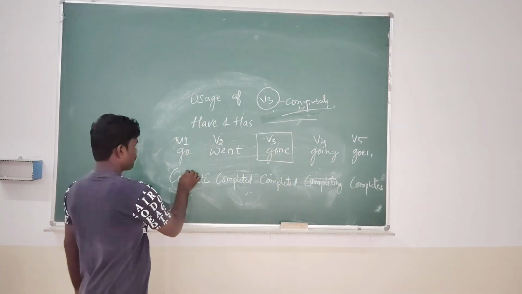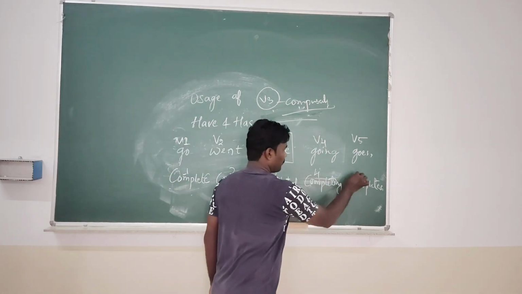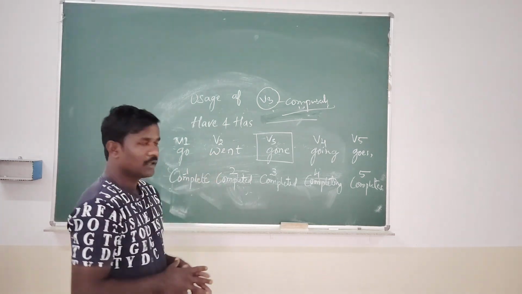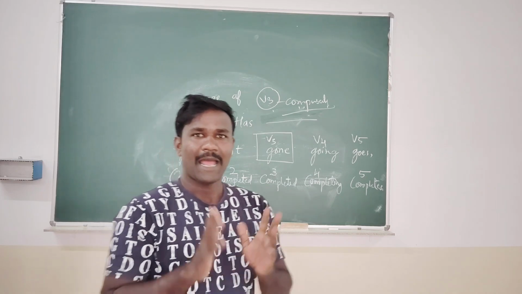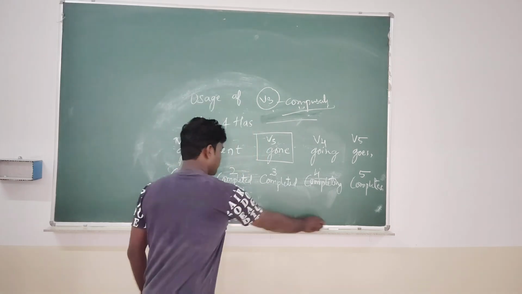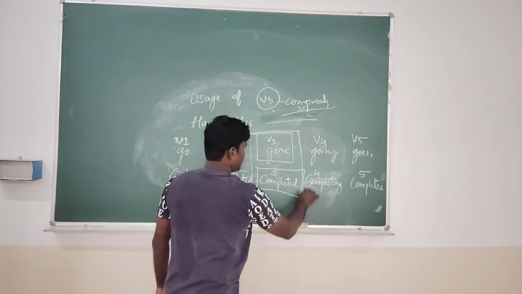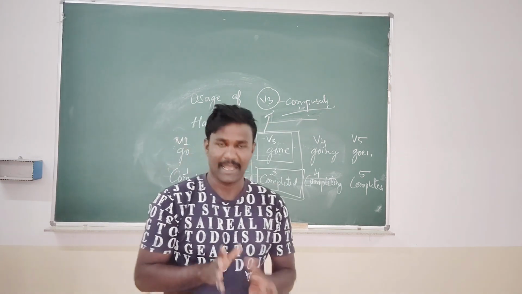This is very simple: V1, V2, V3, V4, V5. This is how we use verbs in a sentence, especially when we are using have and has. We always have to use the verb in V3 form. This is compulsory when we use have and has.